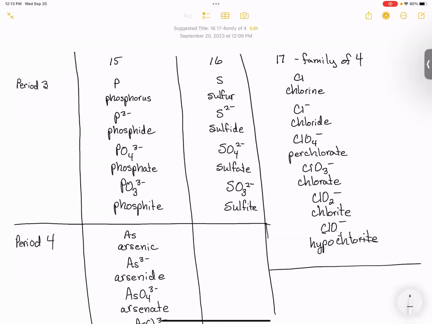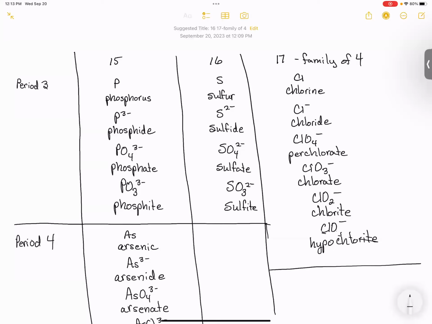Now, for group 17, however, it's a family of 4. And each one changes by 1 oxygen. Folks, you've got the non-colored version here, but I do have a version that is in color on the website on Blackboard.